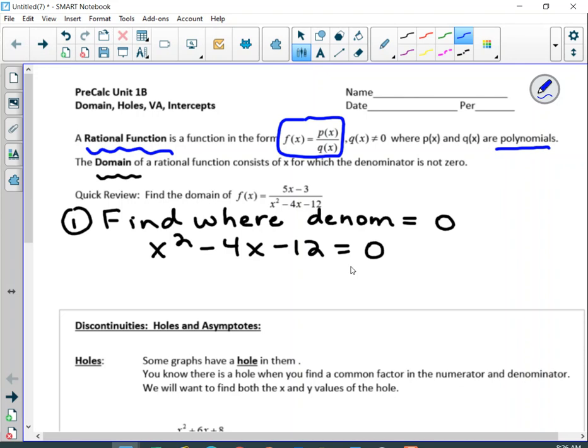Ronnie, what are we going to look at? We can look for a GCF first. That's a good plan. When I look at this problem and I look at x squared versus 4x versus 12, do you see something that's a GCF? Say that again? Well, the 4 will work for the 4x and the 12, but not the x squared.